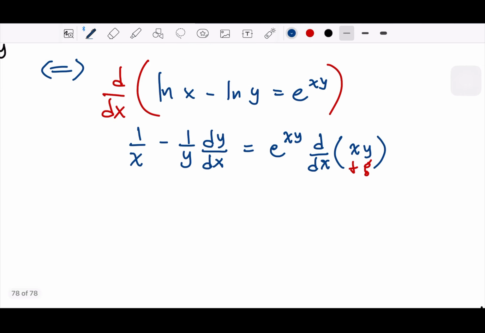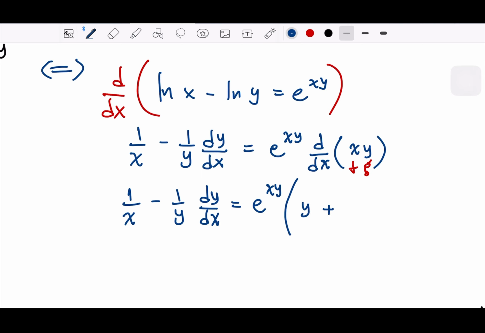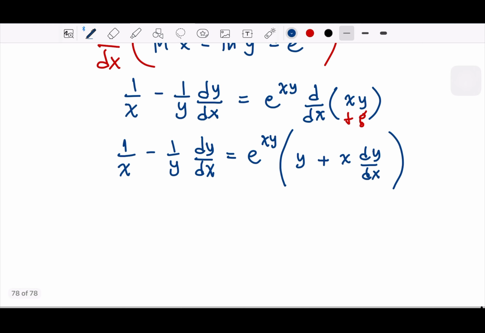So this will be 1 over x minus 1 over y, times, so let's say this is y plus x dy over dx. The next thing is grouping everything together, finding the dy over dx.